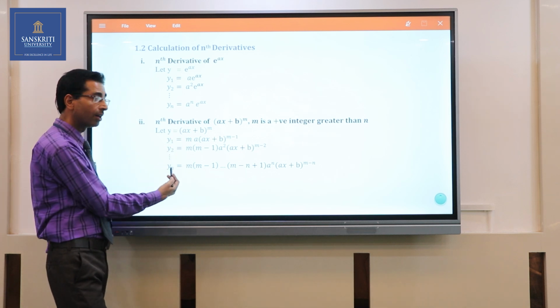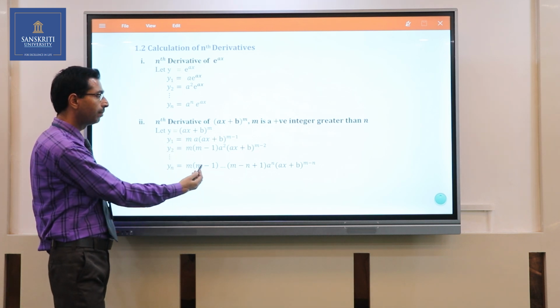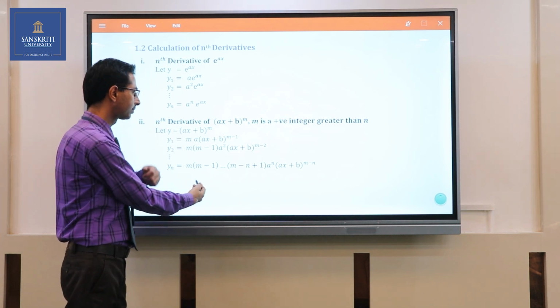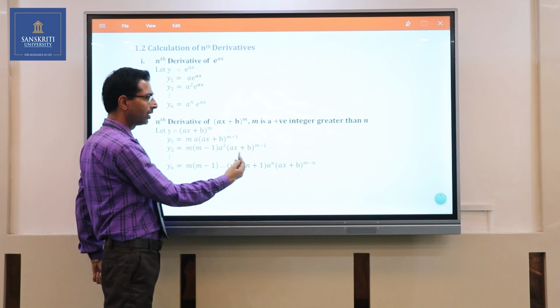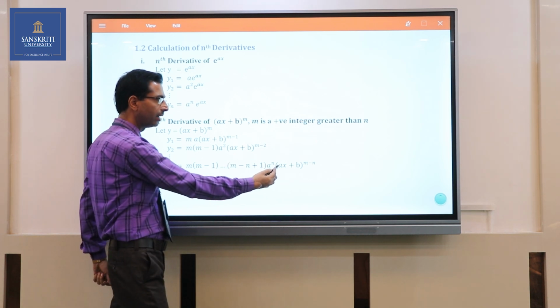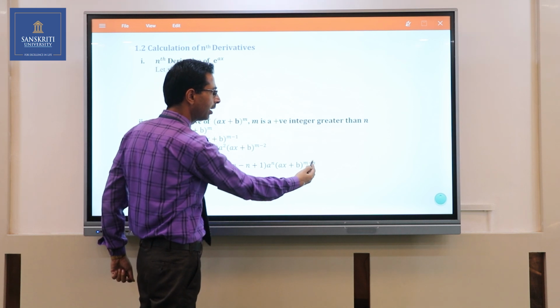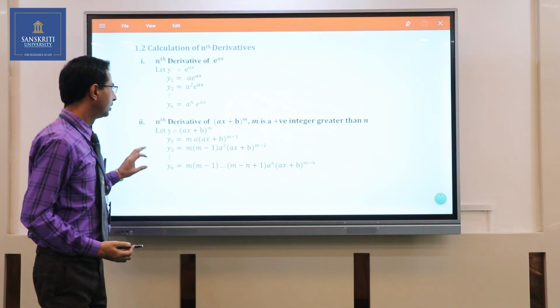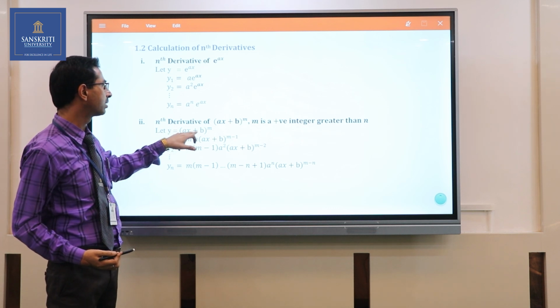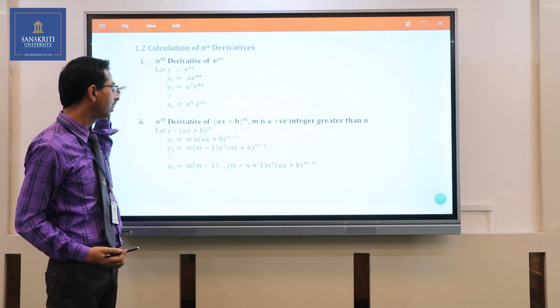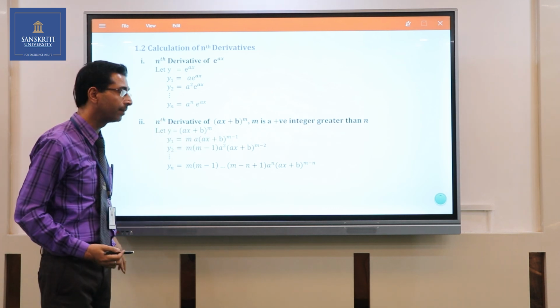Similarly the nth derivative is m into m minus 1 and so on, n factors, up to m minus n plus 1, a to the power n, and ax plus b to the power m minus n. So this is the formula for the nth derivative of ax plus b to the power m.